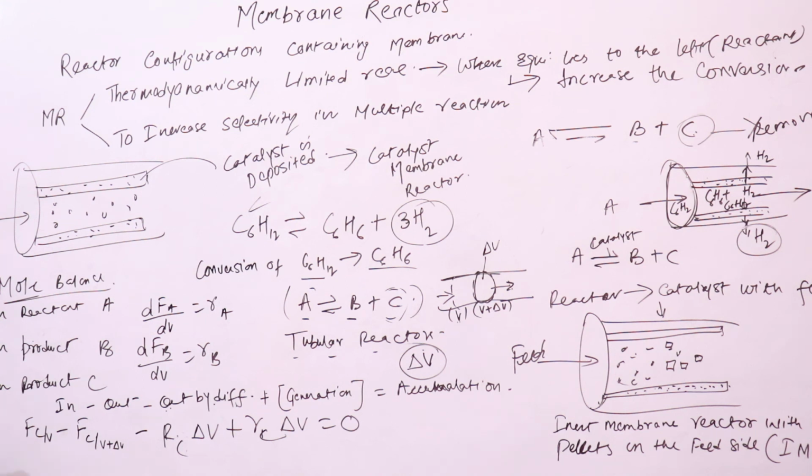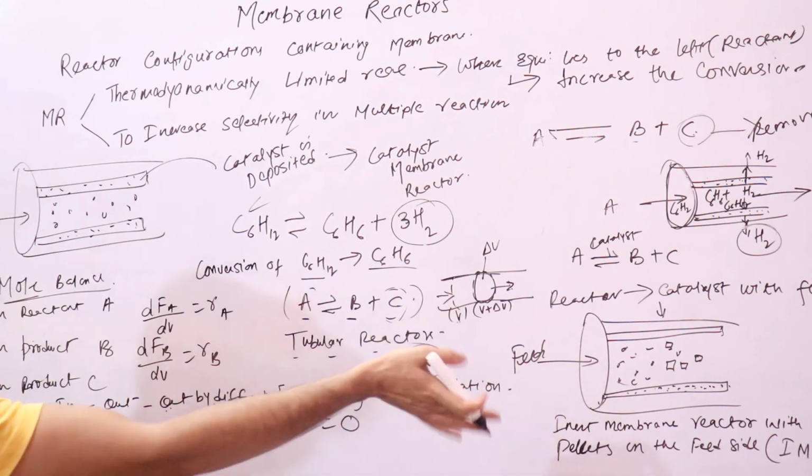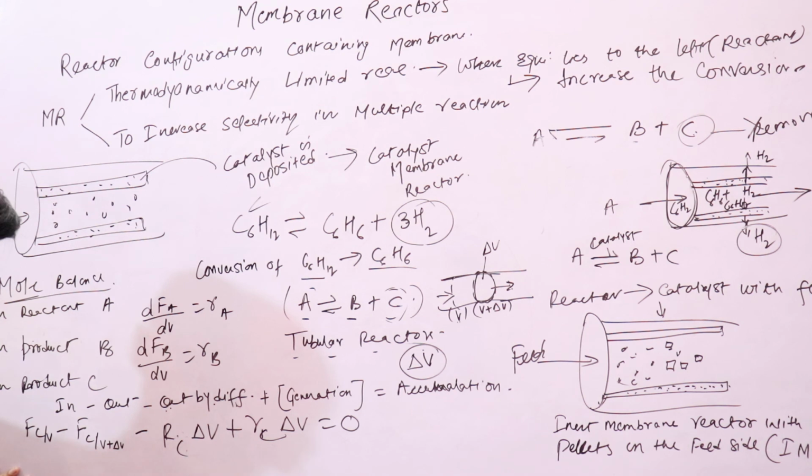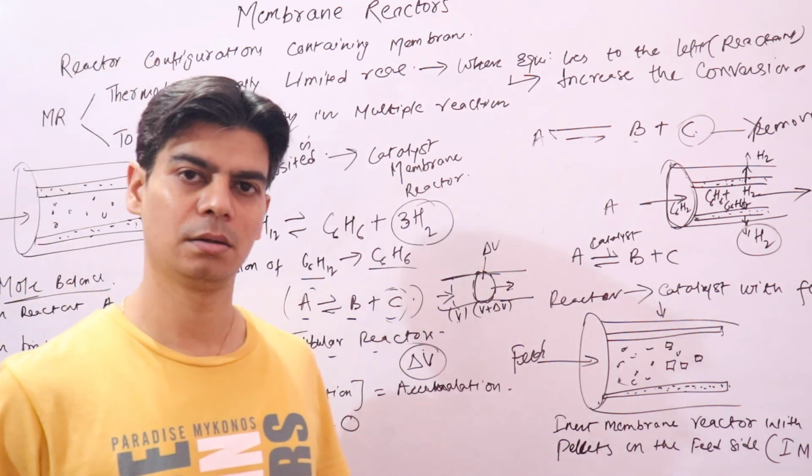I hope this much is clear. Why is accumulation 0? Because C is getting removed. Now this is RC delta V. And if you recall, we used to apply the limit formula.